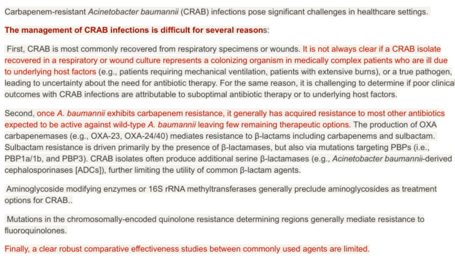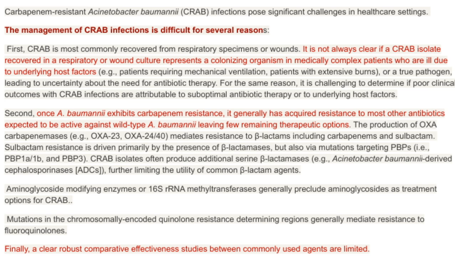Sulbactam resistance isn't just about beta-lactamases. Mutations targeting penicillin-binding proteins, or PBPs, also play a role. Plus, CRAB isolates often produce additional enzymes, such as ADCs, which further limit the effectiveness of common beta-lactam antibiotics.